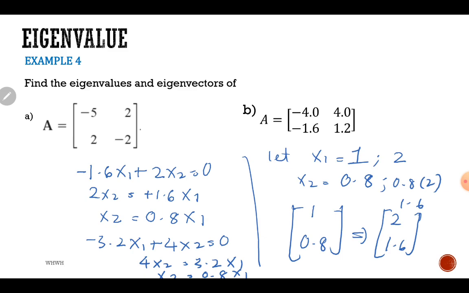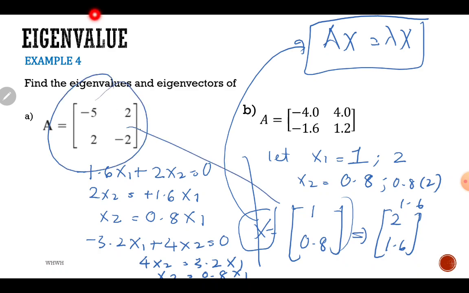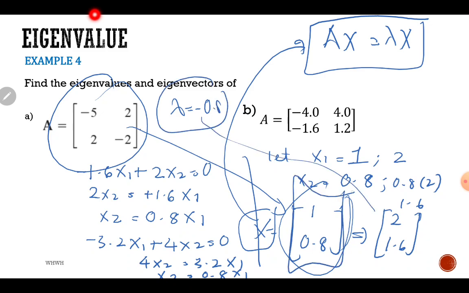And again here, you may show that, okay, the option that you have for your eigenvector here, tunjukkanlah AX sama dengan lambda X. Okay, masukkan value lah lambda, matrix A darab dengan matrix X ni, and samakan dia dengan your lambda. Tadi lambda yang ni adalah lambda equals to negative 0.8 kan, negative 0.8 darab dengan matrix X you ni sama.